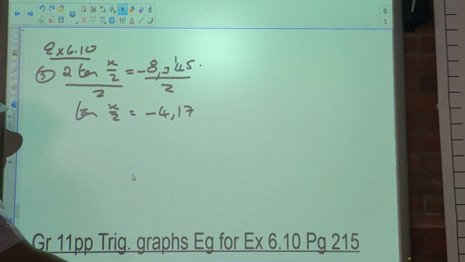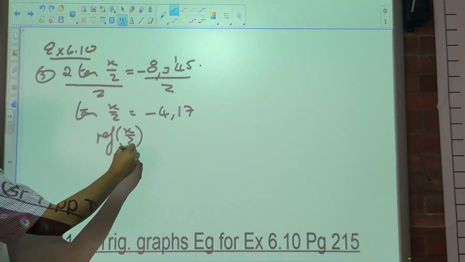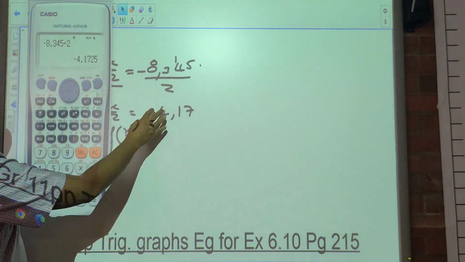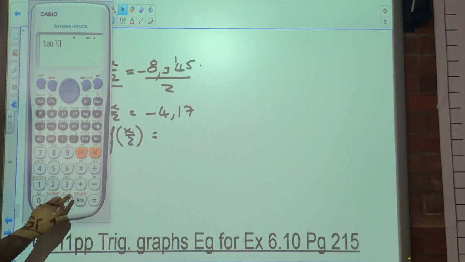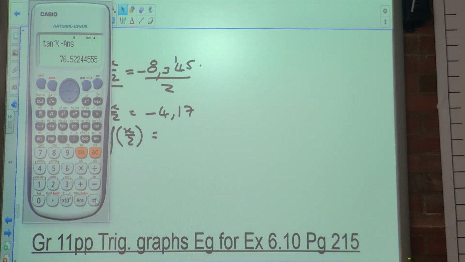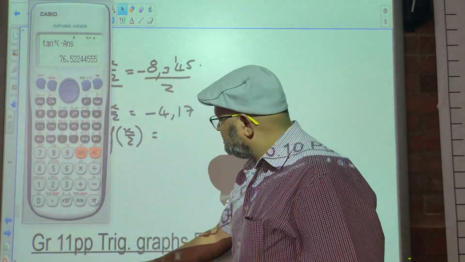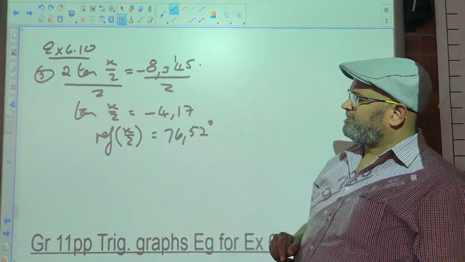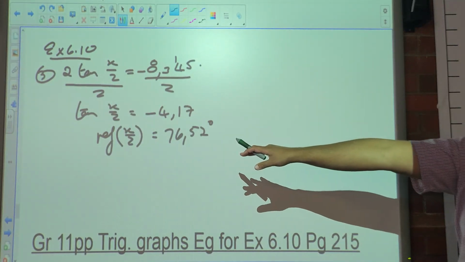So what do I do now? I work out my reference angle. The reference angle of half x is equal to arctan. What do I do with the negative? I drop the negative. So arctan of 4.17 is 76.52 degrees. Do I multiply both sides by 2?